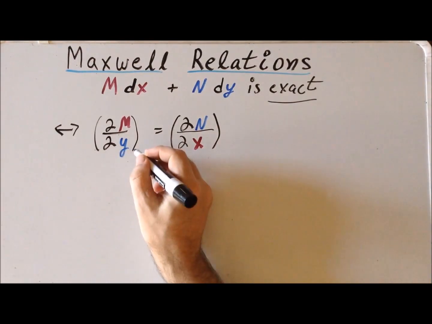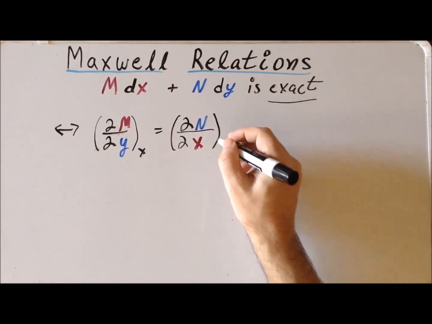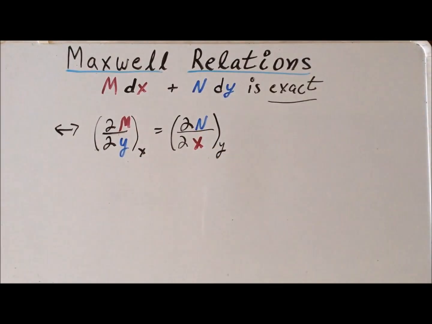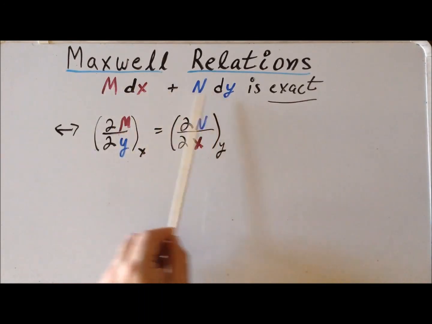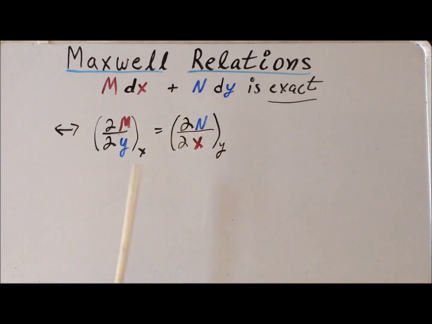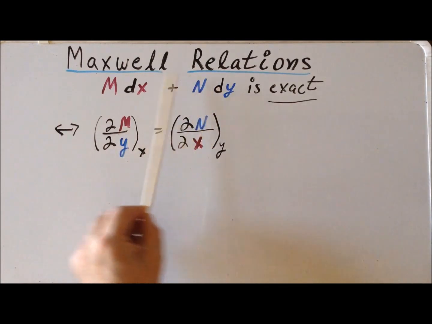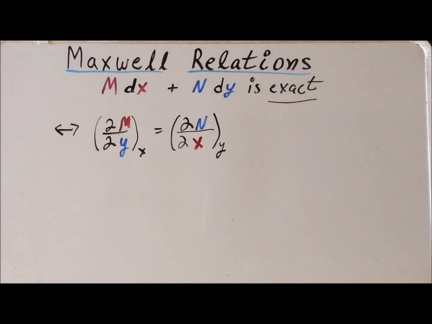And this is under the condition of constant x, and this is the condition of constant y. If this relationship is true, then this expression is an exact differential. If this isn't equal, then this expression is not an exact differential.